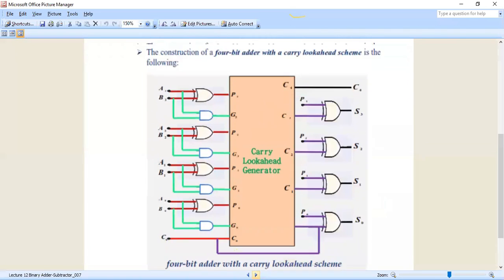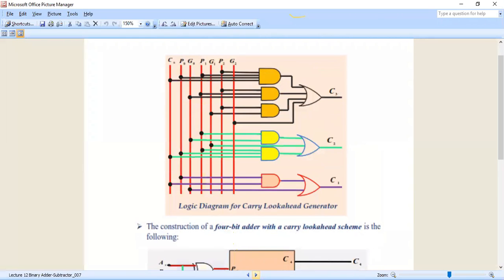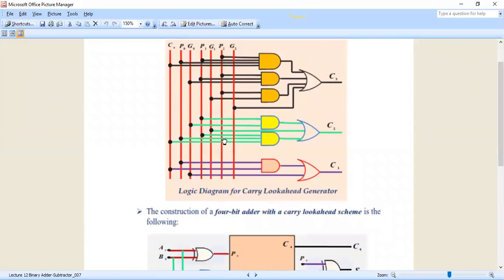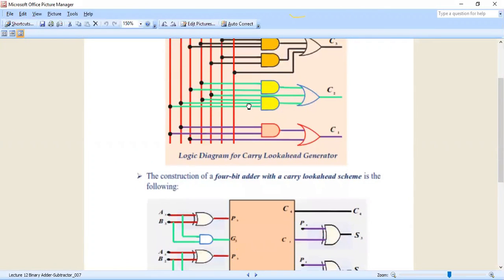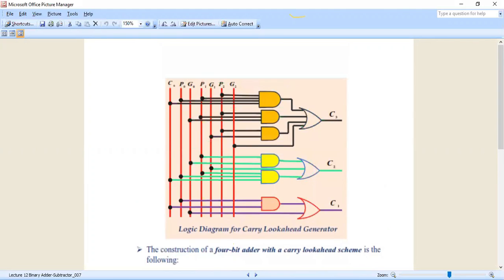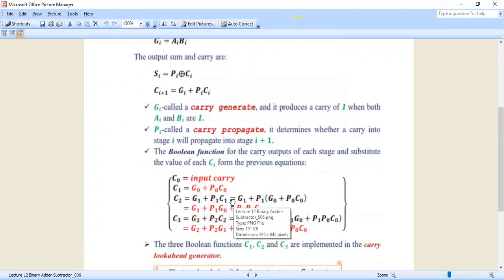So this is the logic diagram for carry propagation. For the carry propagation we have taken, we have to construct the logic diagram, that is the carry look ahead generator. We will draw the circuit diagram for the carry look ahead generator. Here we have the values C1, C2, C3.